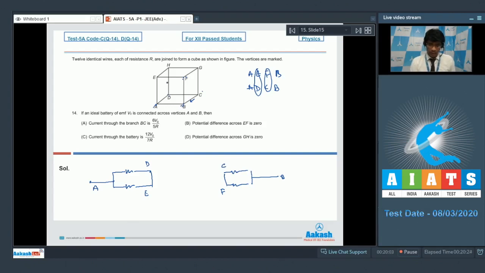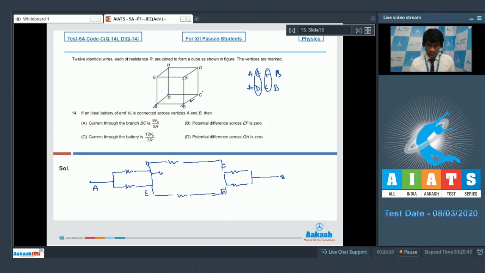Now from E, one connection is directly to F itself, and from D, the other is directly to C itself. From D, another part is connected to H, and from E to H also.